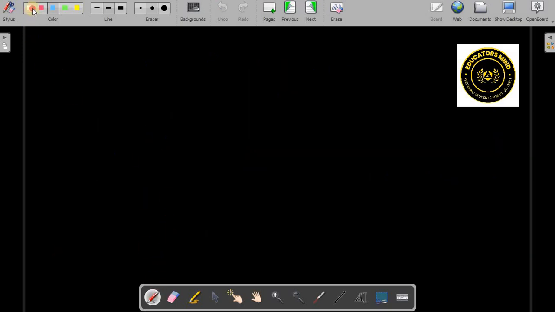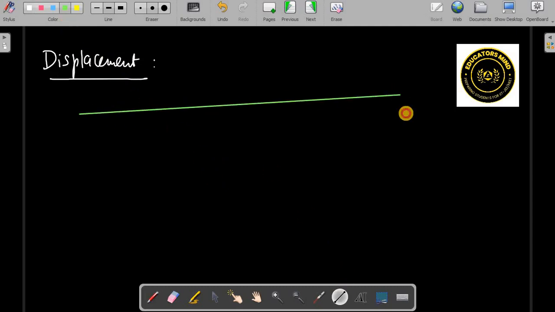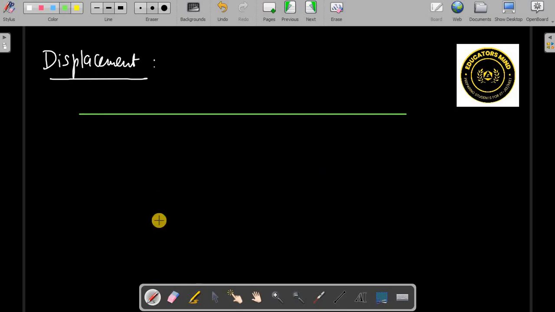Now once we have understood position, let's understand displacement. Displacement is also a vector quantity, just like position. Let's say there is a body and the body is displacing from this position to this position.